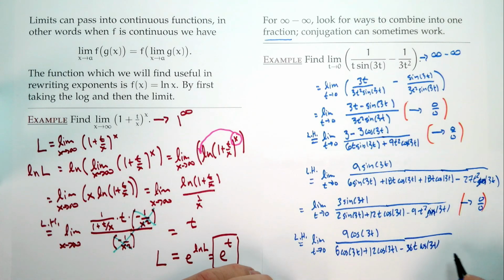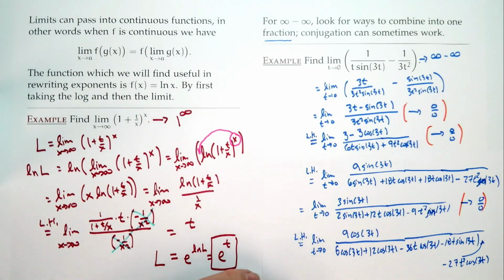Then here, minus 18t sine of 3t. And, oh, I'm going to run off the screen. Okay, and then there's one more. Then there's going to be a minus 27t squared cosine 3t. That goes right there.